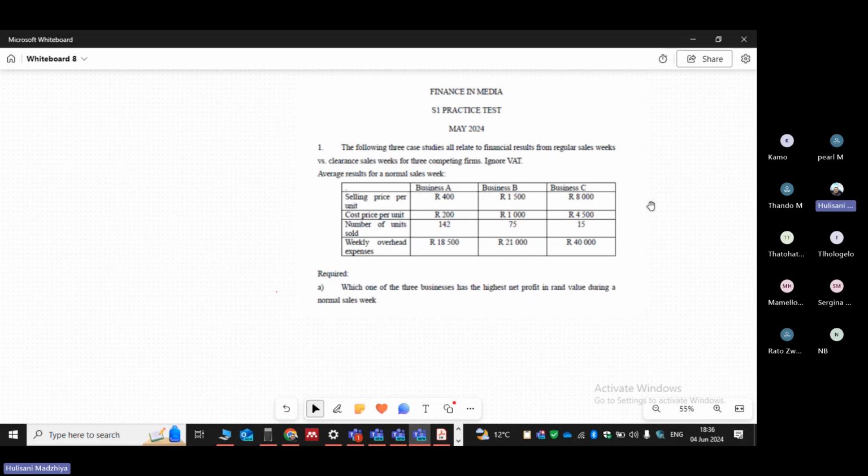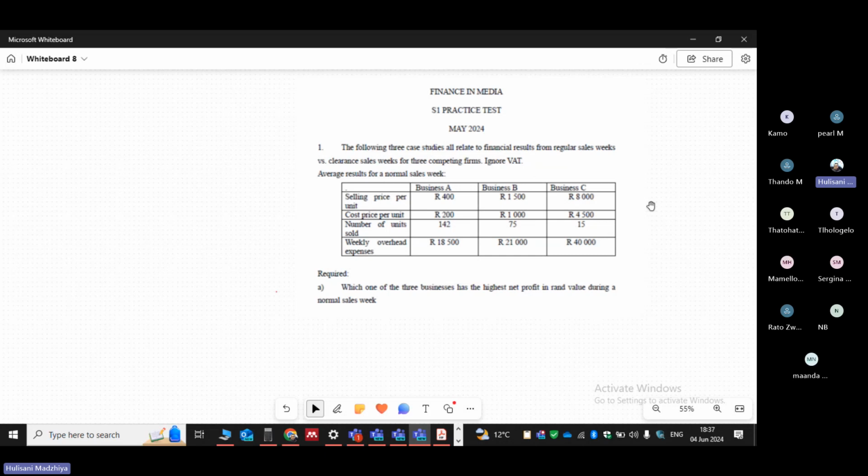So if you calculate this without using the income statement, you might lose some marks, and that will be bad on your side because you will need those marks to get much better results.